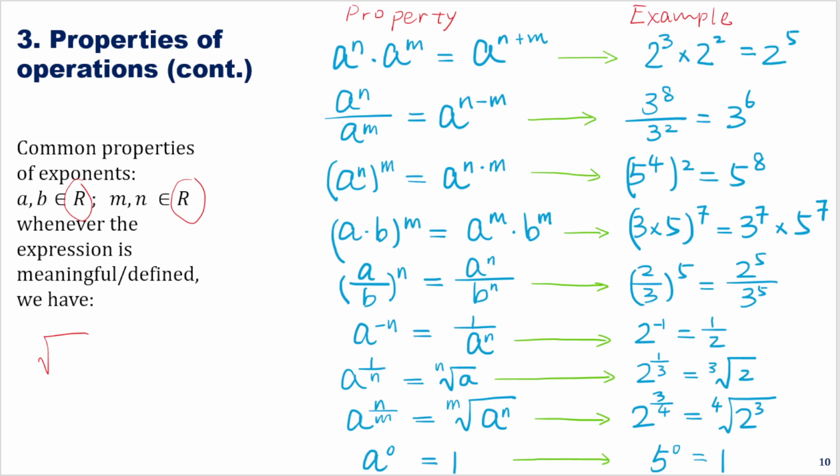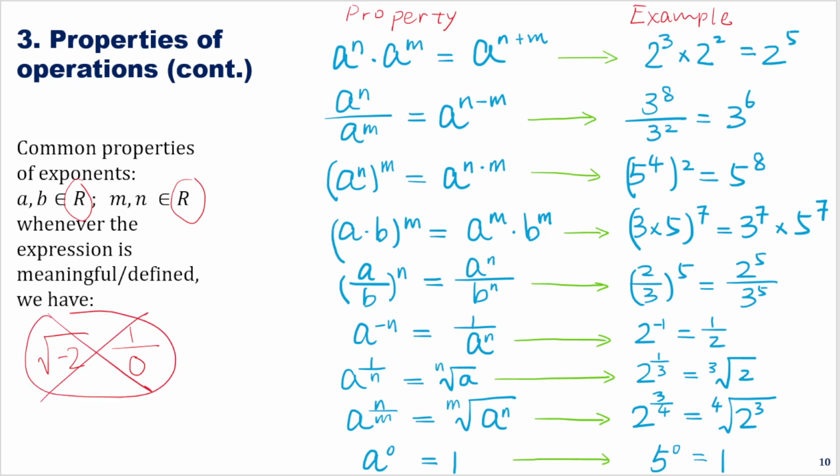So far, we only talk about problems in the real number set, right? So in the real number set, you can't have any negative number under the square root symbol, or use 0 as the denominator, okay? Other than that, we have these properties listed on the right.